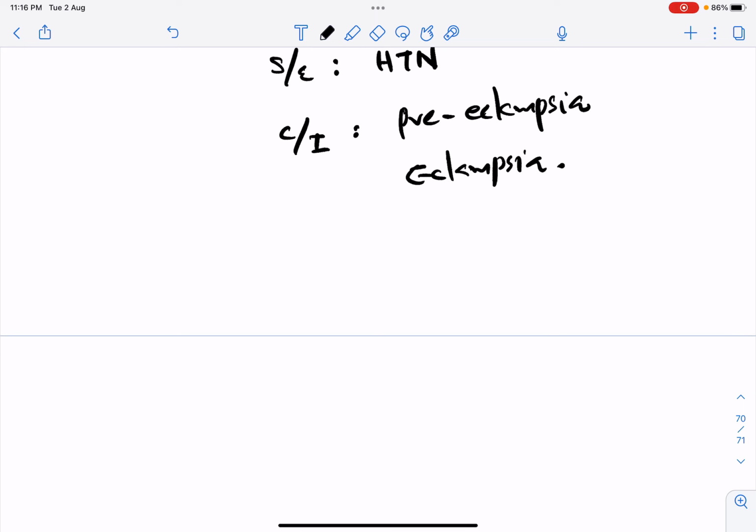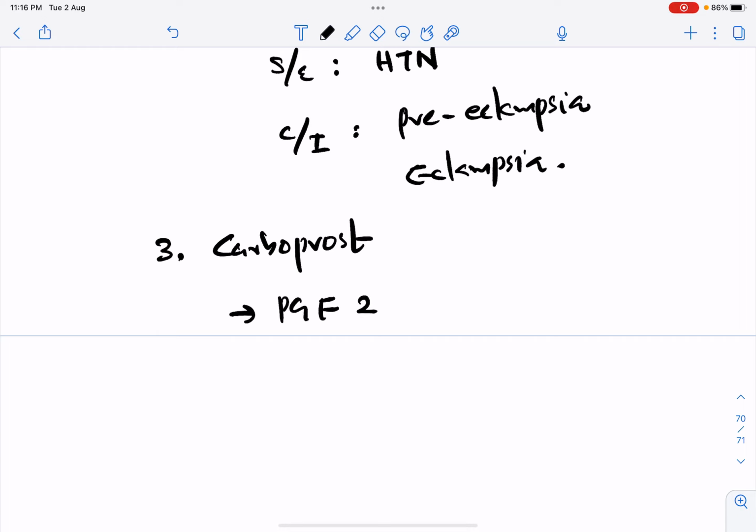The next drug used in the management of atonic PPH is carboprost. It's a prostaglandin, PGF2 alpha. The dose is 250 mcg IM.